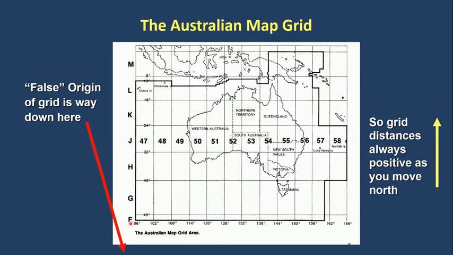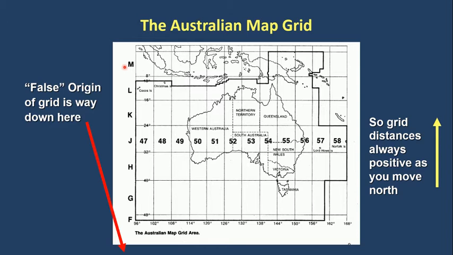Now you'll notice here that the letters run in sequence from south towards the north. So they're running in the opposite direction to our latitude. Remember, latitude in our part of the world got bigger as we went from the equator towards the poles. Here you can see we're obviously using the grid system to run up this way from the bottom towards the top of the map.